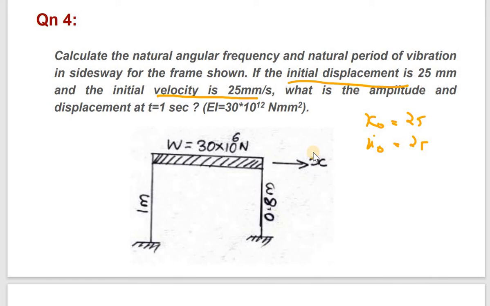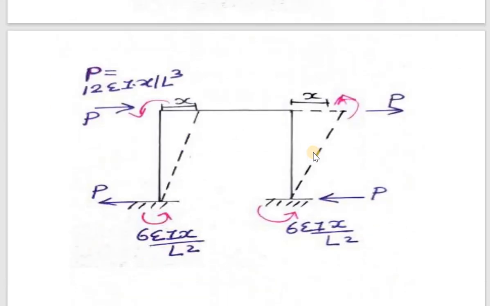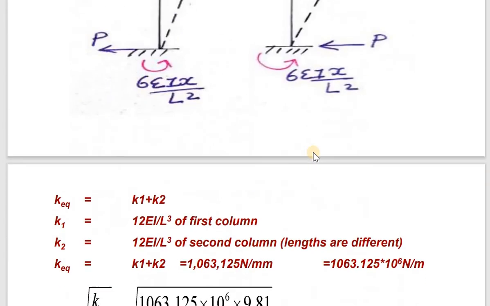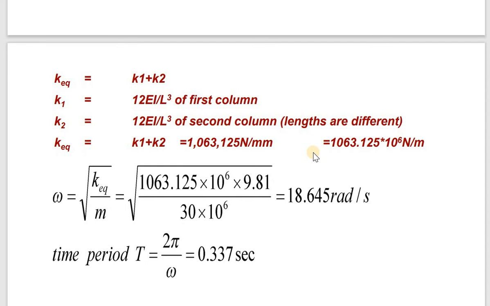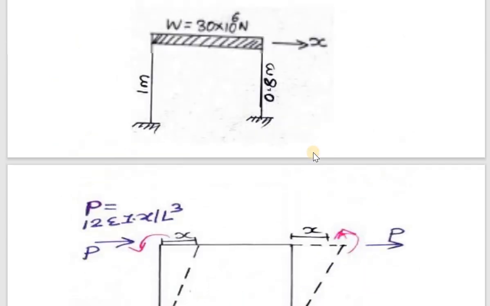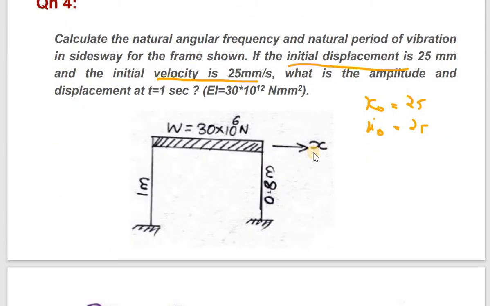What is the amplitude and displacement at time t is equal to 1? EI value is also given. Here you can see the two springs, but the L value is different: this is 1 meter, the other is 0.81.